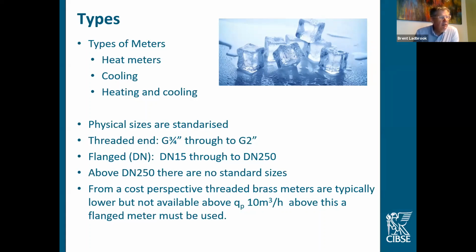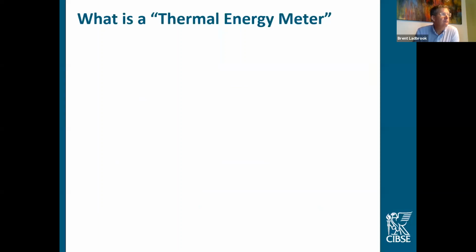From a cost perspective, though, the threaded brass meters are typically much lower, but the 2-inch meter will not measure its design flow rate of 10 cubic meters per hour, and above that a flanged meter must be used. So if it's a DN100, then realistically you're using a flanged meter, or rather a flanged flow sensor. I've just contradicted myself, haven't I? So a flanged flow sensor.